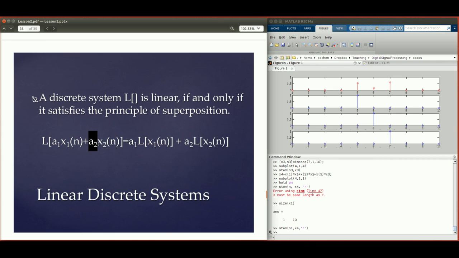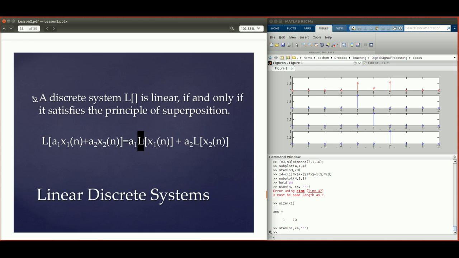It could be real, complex, negative, or positive, but it's a scalar. A linear system has this special property: if the input is a linear superposition of two signals, then the output is going to be the same linear superposition of the outputs of each of the individual signals.